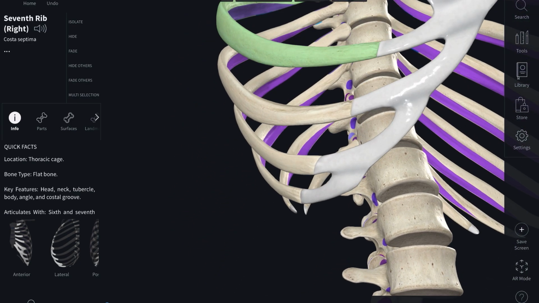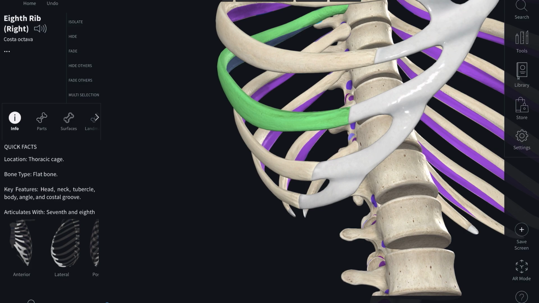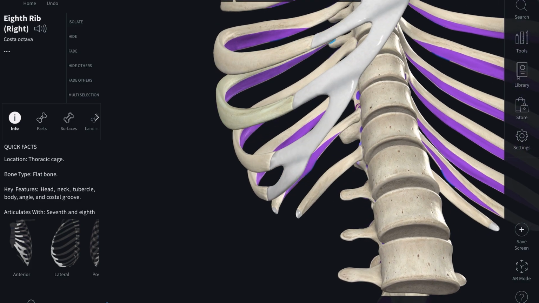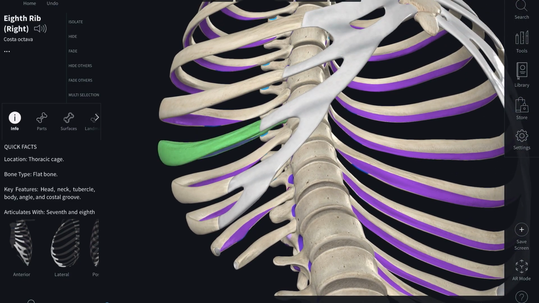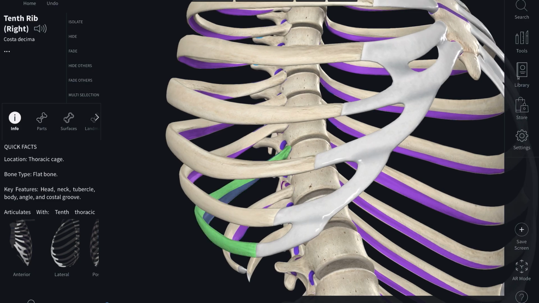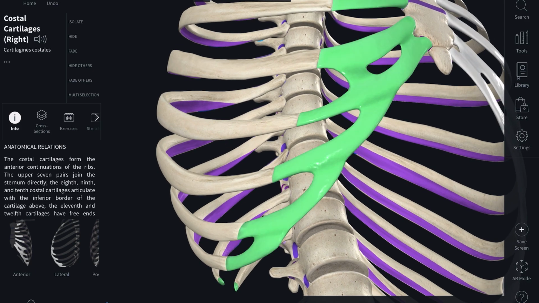The next 3 are going to be vertebrochondral ribs. And you can see right here, ribs number 8, 9, and 10, they connect into cartilage, but their cartilage all connects into one piece before it comes into the sternum. Does that make sense?